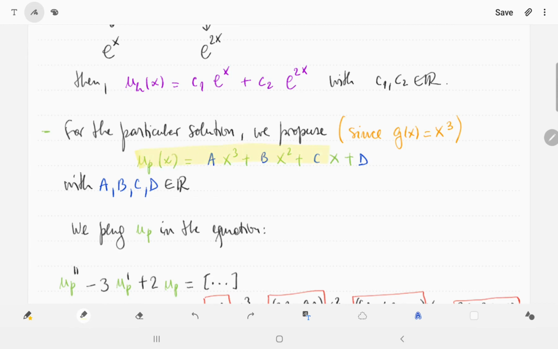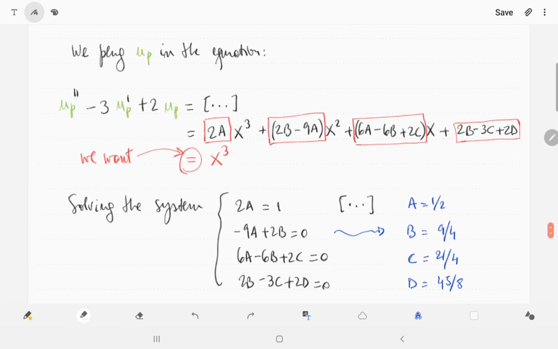So a good candidate is a polynomial of order 3, where we don't know A, B, C, and D. But that's not a problem. We will know them once we plug this candidate into the equation.